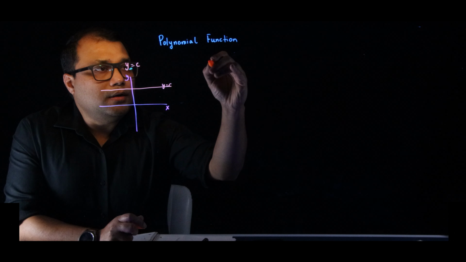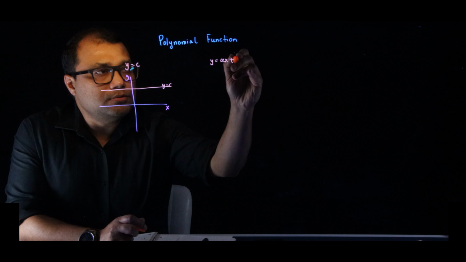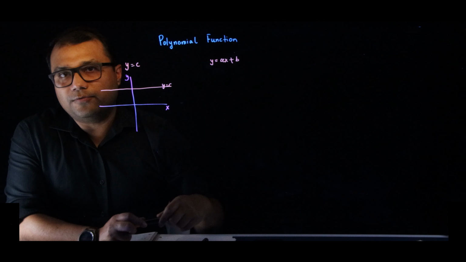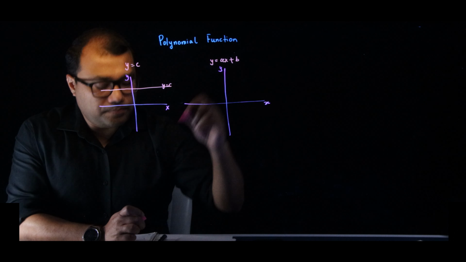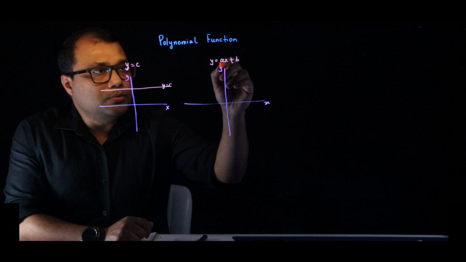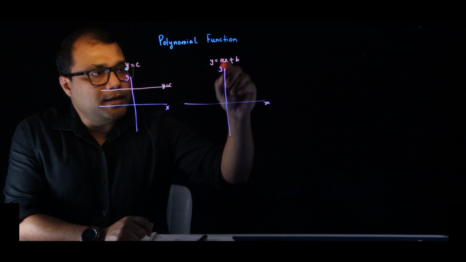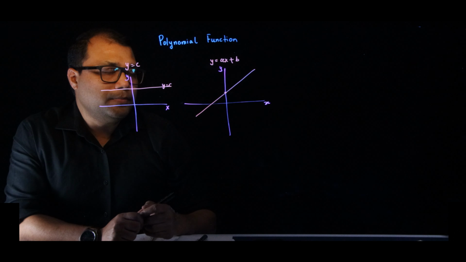Okay. Now let's look at y equals ax plus b. So this is a polynomial of degree 1. Okay. X, y. This one is also simple. So a gives you the slope and b gives you the y value when x is 0. Okay.